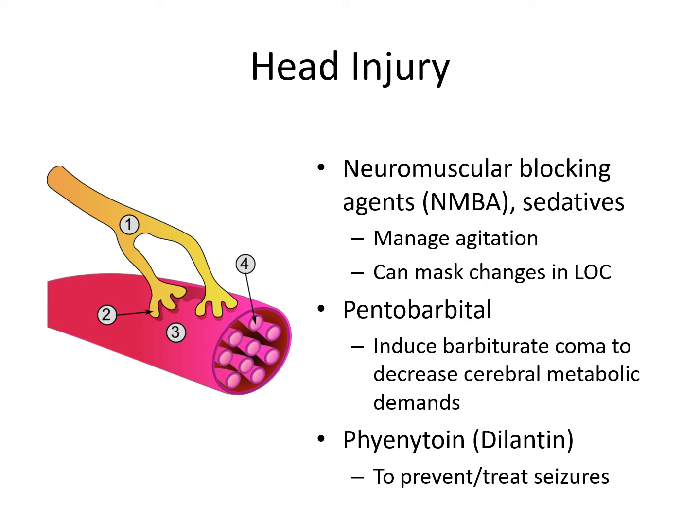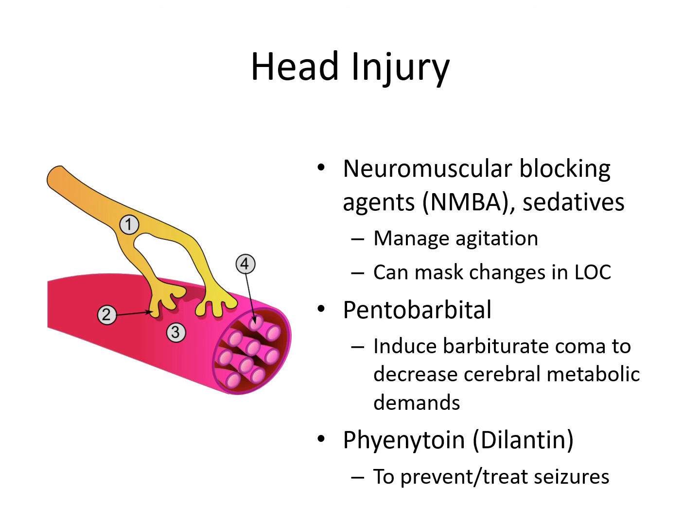Continuing on in the same vein, we're going to talk about medications for our head injury patient. Another classification of medications are neuromuscular blocking agents and also sedatives, because they go together. Neuromuscular blocking agents is another classification of medications that you should have some understanding of, and they are abbreviated NMBA.